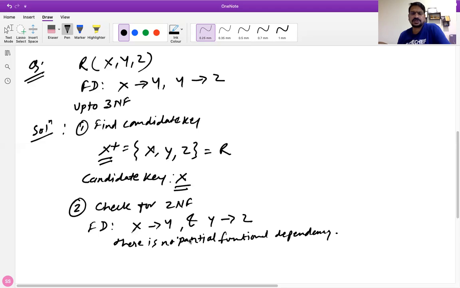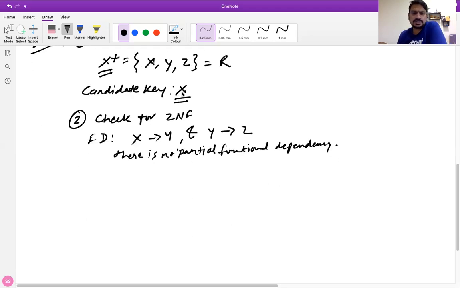Why? Because we got the key as X and X could not be divided further, right? So if it will not be divided, how will we find out the part of the key or the partial functional dependency? So it is in second normal form.